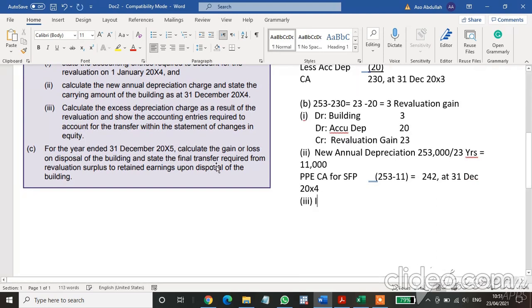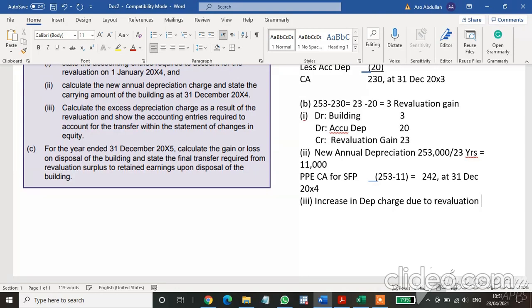First of all, there is an increase in the depreciation charge from 10,000 to 11,000. Why is the depreciation charge increasing? Because of the revaluation, obviously.